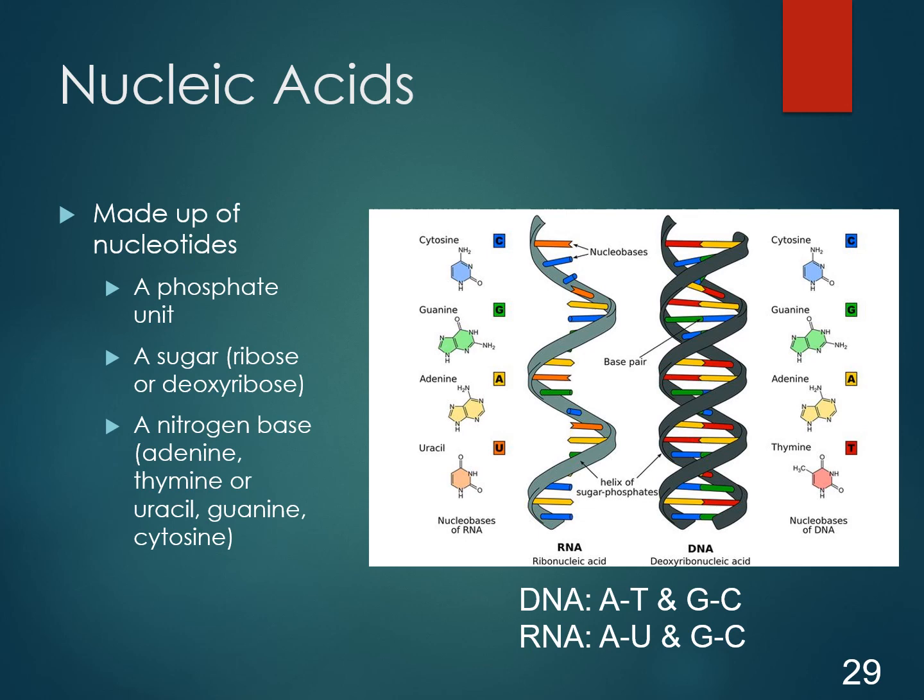In RNA, thymine is replaced by uracil. So adenine pairs with uracil in RNA. Have an awareness of what these two types of nucleic acids are, that they have these complementary base pairings, and what they pair with.